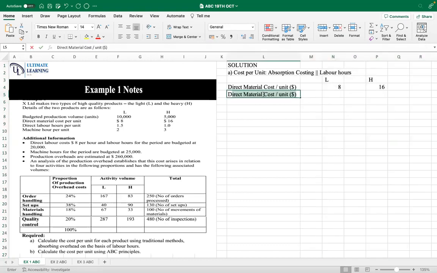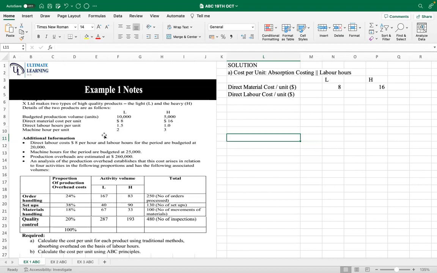Okay, next we add direct labor cost per unit, which is also in dollars. You can see here you are given direct labor hours per unit. These are not costs, this is hours, 1.5 and 1. But in the additional information you are told, direct labor costs $8 per hour.